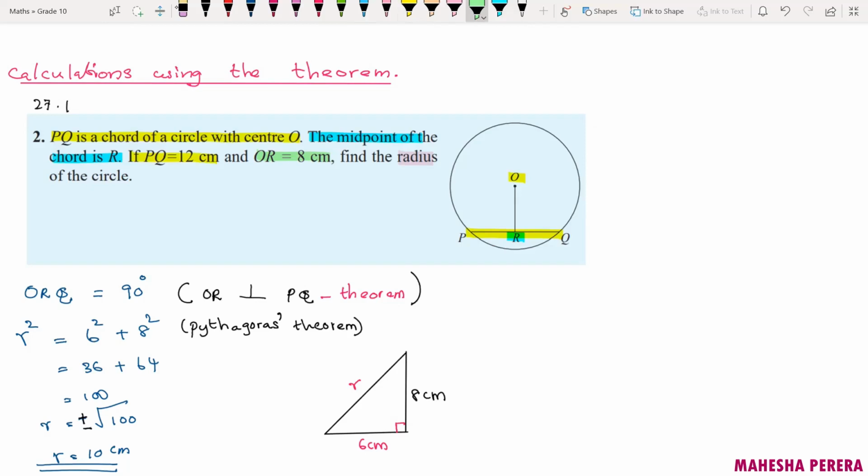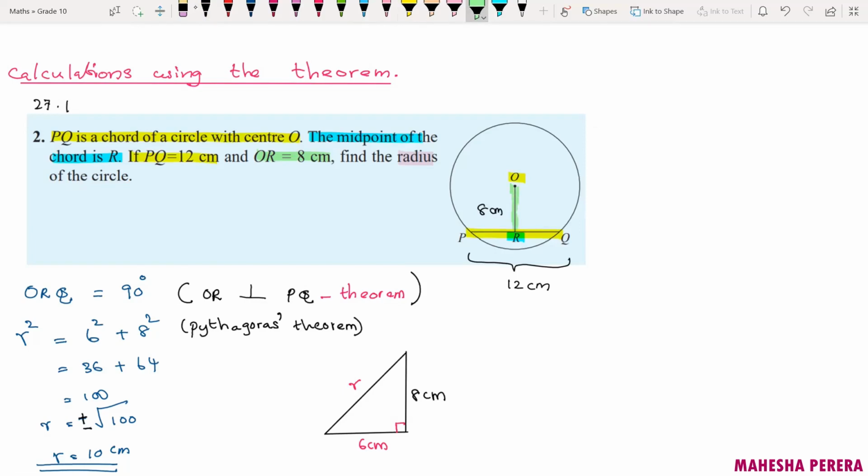So where is our radius now? Before that, let's mark these lengths. PQ length is 12 centimeters. Then they say OR equals 8 centimeters. Where is OR? OR is the perpendicular, so it is 8 centimeters, this length.